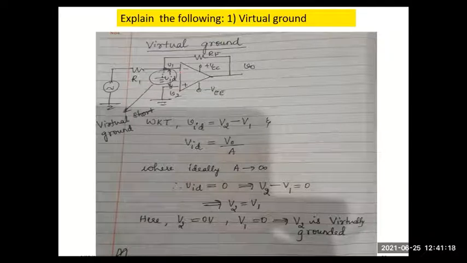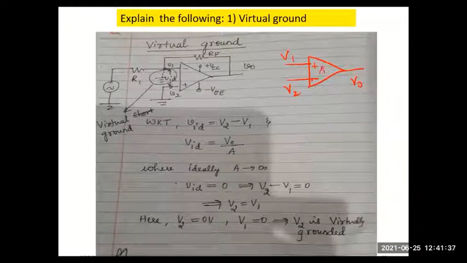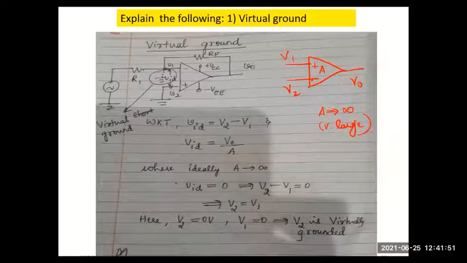Let's consider any op-amp, which takes two inputs, V1 and V2, the non-inverting terminal and the inverting terminal, and the output voltage V0. The open loop gain A of this op-amp is designed to be very, very large, or I can say A tends to infinity.